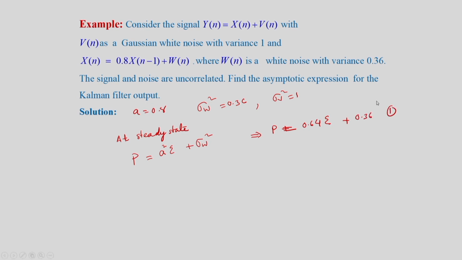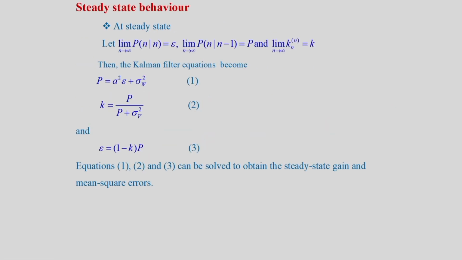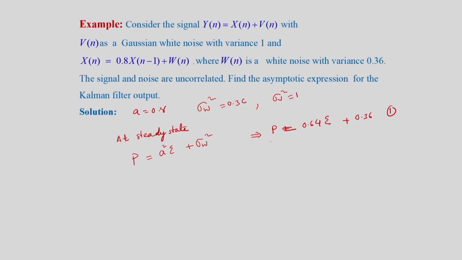Now, for the second equation, we have the Kalman gain, K is equal to P by P plus sigma v square, and this will be equal to P by P plus 1, because sigma v square is equal to 1. So, this is equation 2.